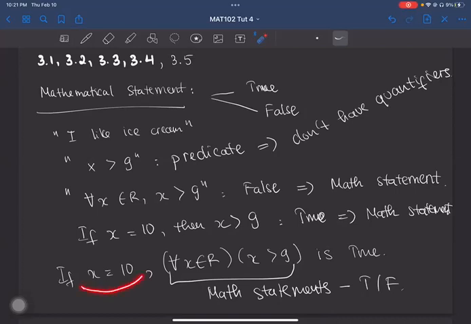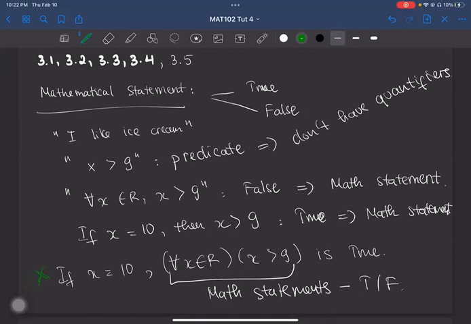So even when you assign a specific value for the variable x, it doesn't change the truth value of this statement. The statement here is false because not every real number is greater than 9. So the argument saying it is true is wrong, and you shouldn't do that.